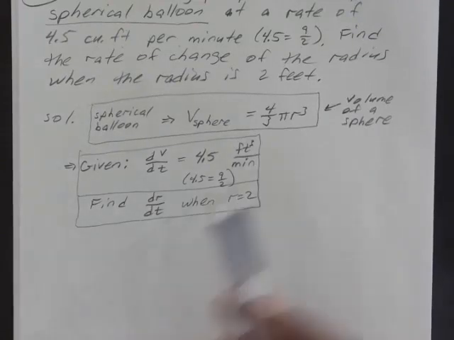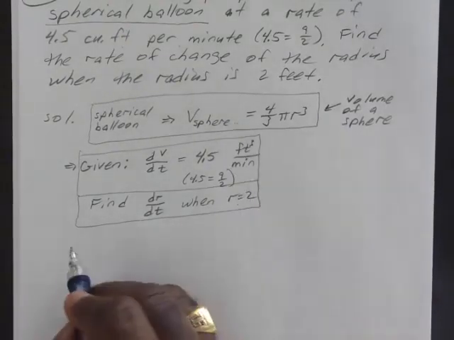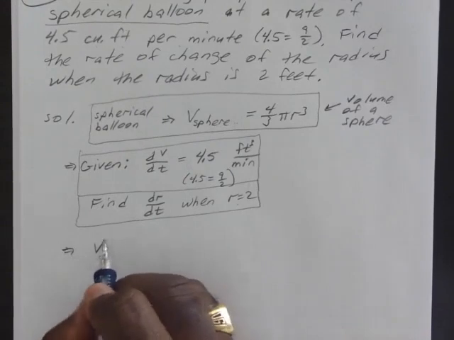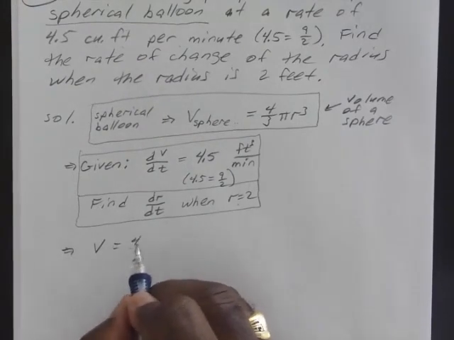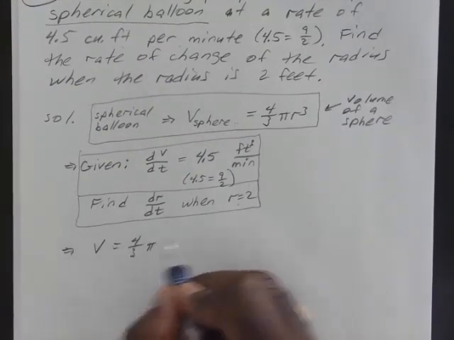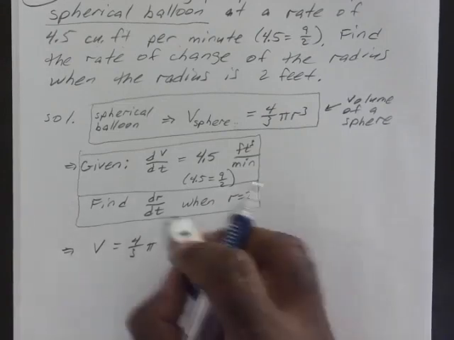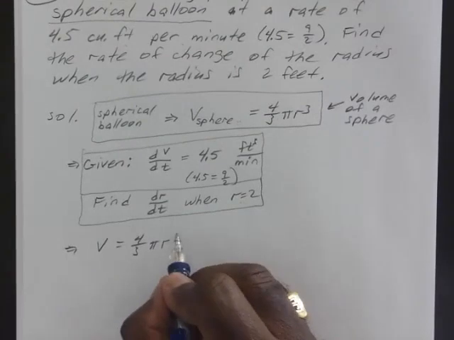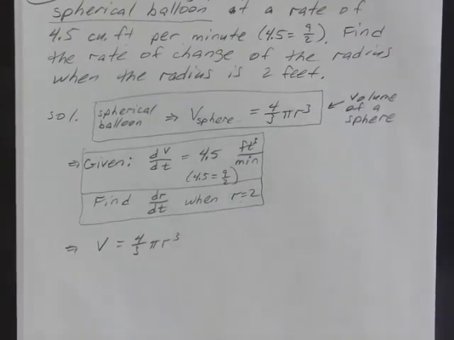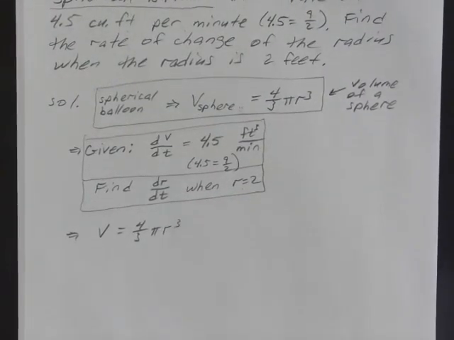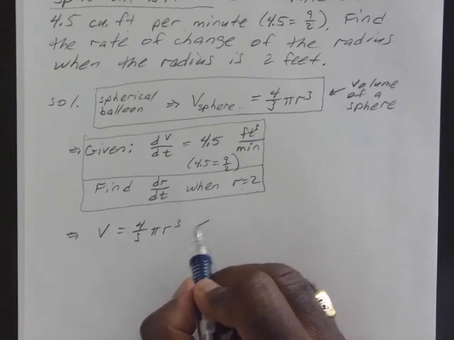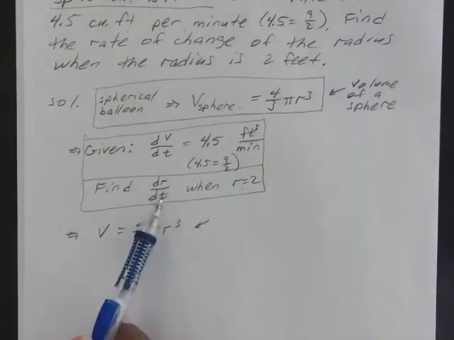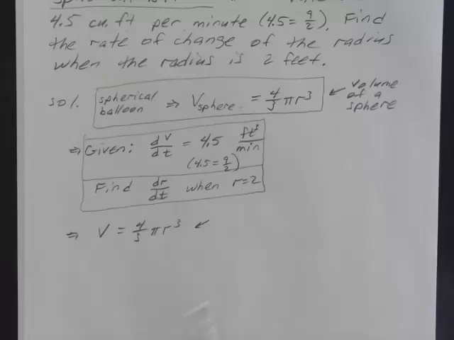Okay. So again, we start with our primary equation. Volume is equal to 4 over 3 times pi times the radius cubed. Now we differentiate both sides with respect to the independent variable, which in this case is t.